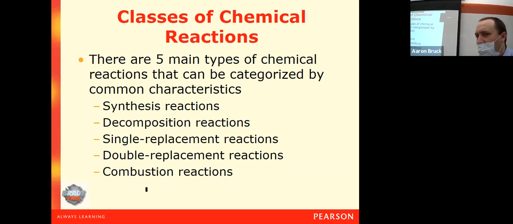And the 5 different ways are synthesis reactions, decomposition reactions, replacement reactions, and replacement reactions we can break down into 2 subcategories, the single replacement and the double replacement. And then finally, combustion reactions.